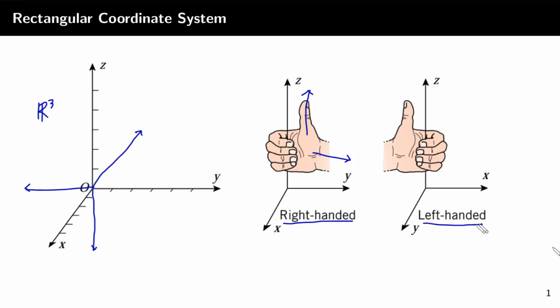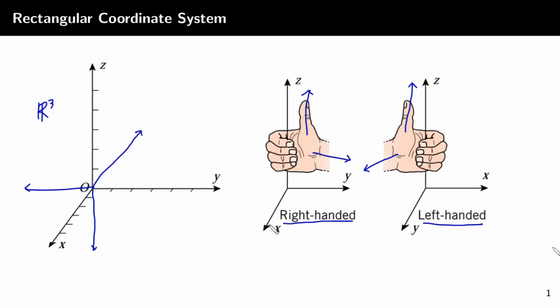In the left hand rule, or the left-handed method, same thing, the z-axis corresponds to the direction of your thumb, and then the y-axis corresponds to the direction of your wrist. Okay, but the difference here is flipped yung x and y axis.